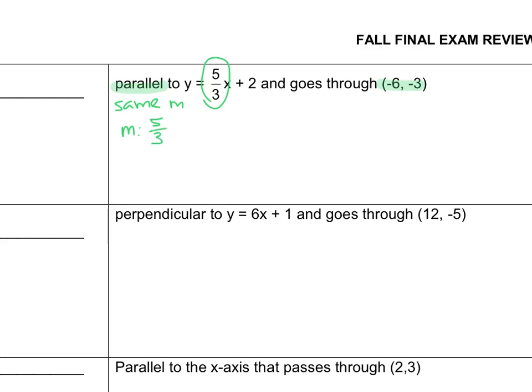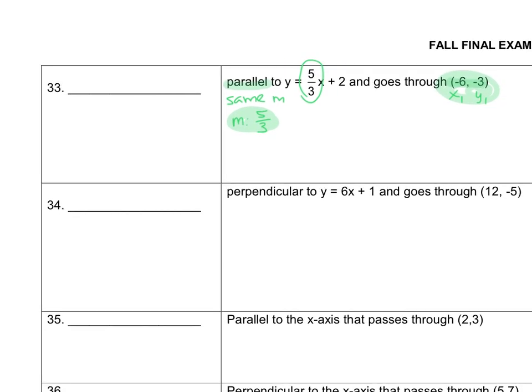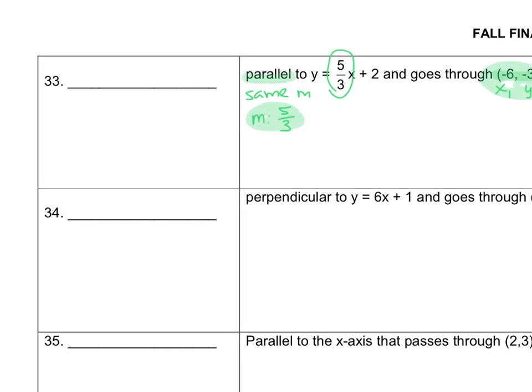But I want it to go through the point (-6, -3). So that's an x1, y1 for the information. So if they're giving me slope and a point, then I'm going to use point-slope form to write my equation. So point-slope form is y minus y1 equals slope times x minus x1. So I'm going to plug each piece in.